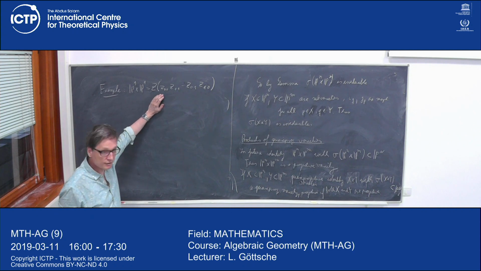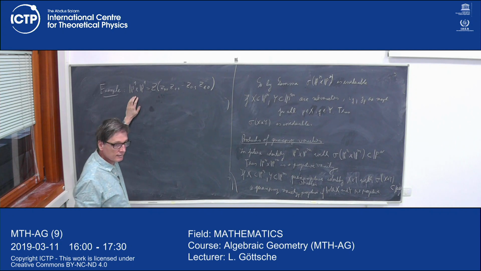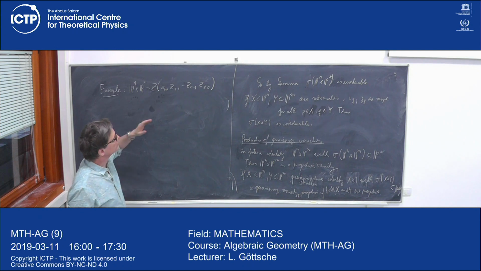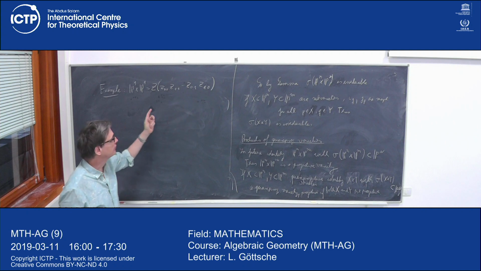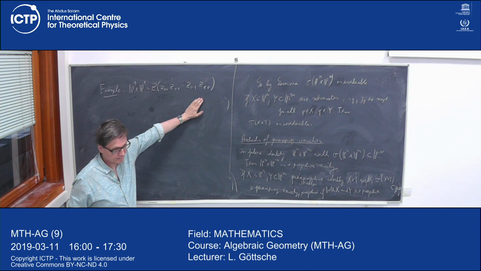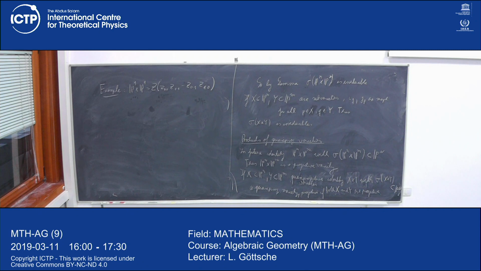If you look at the definition of the equations of which the product is a zero set, there will be many more, but all the other equations are of the form 0 equals 0. The terms cancel out and nothing is left, but this is the only one which survives. You can check it. So it is a hypersurface.